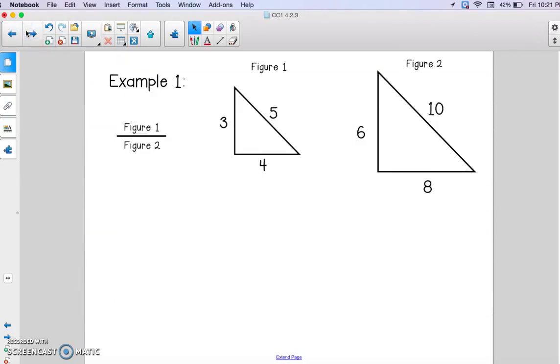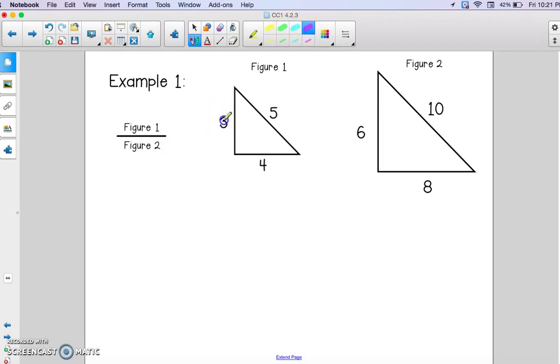So we're going to go through a few examples, and as we do, make sure that you are following along, again copying those down into your notebook. So our first example, we have figure 1, which is a triangle with the side lengths 3, 4, and 5, and figure 2 with the side lengths 6, 8, and 10. Now what I'm going to do is some color coding so that I can easily determine which side lengths are corresponding.